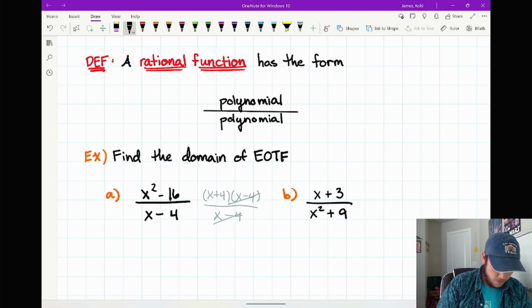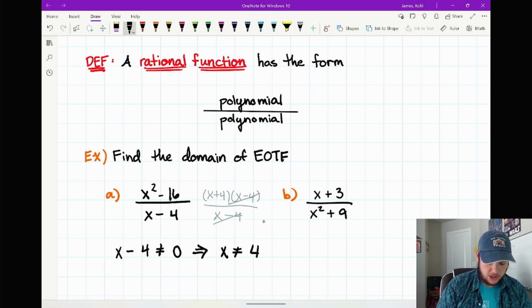However, 4 is still not a part of the domain. While using these simplification tactics is going to be useful for us, it is still important to make this note.